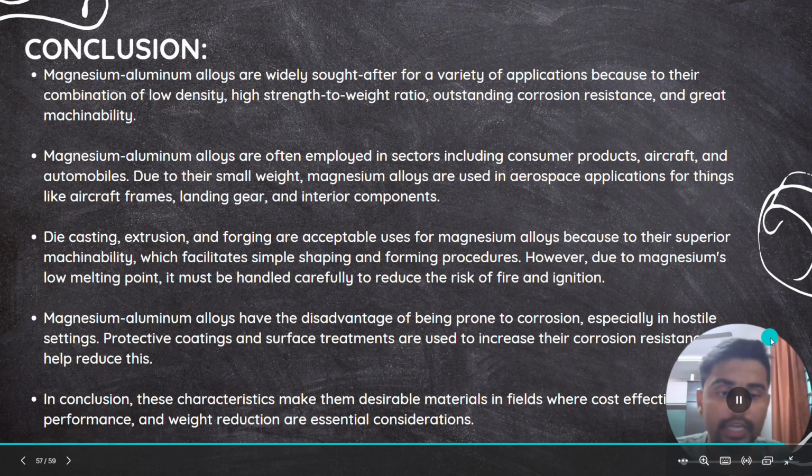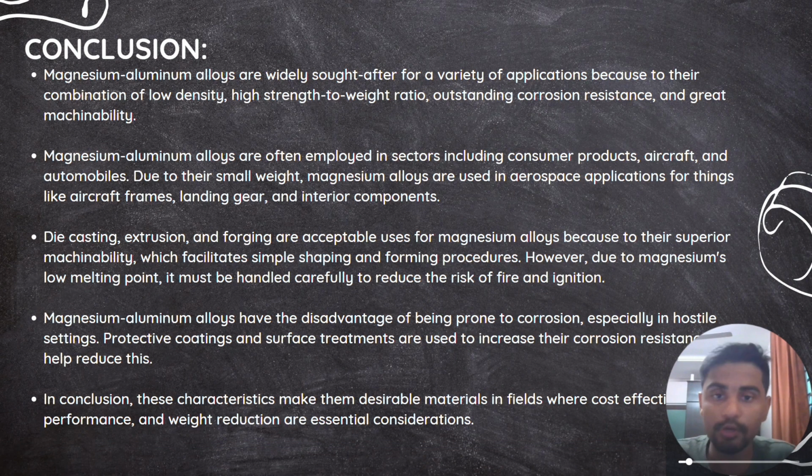There are several things we can conclude overall about the microstructure of magnesium aluminum alloy. Firstly, magnesium aluminum alloys are widely sought after for a variety of applications because of their combination of low density, high strength to weight ratio, outstanding corrosion resistance, and great machinability.